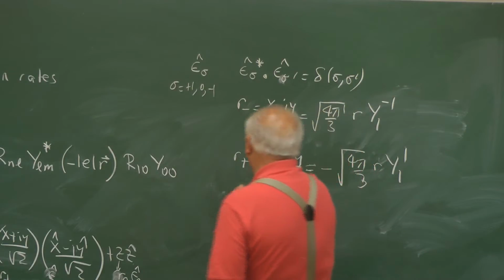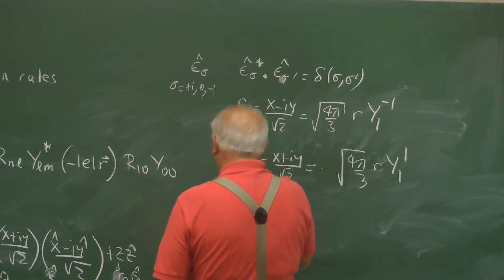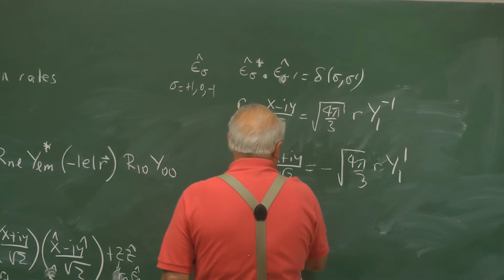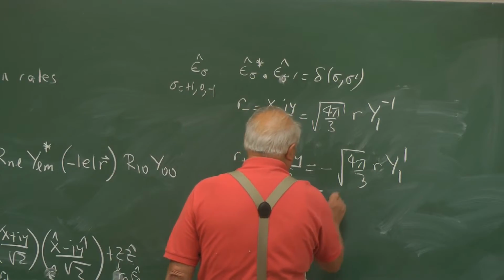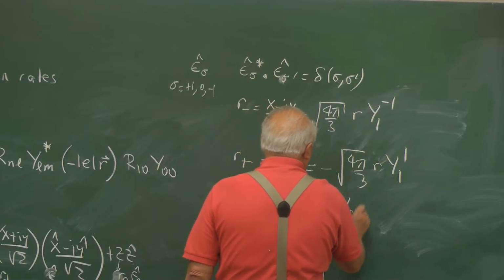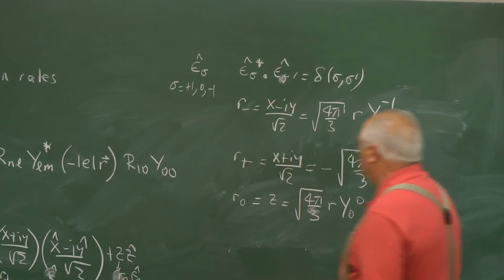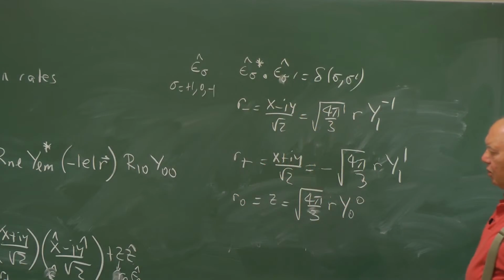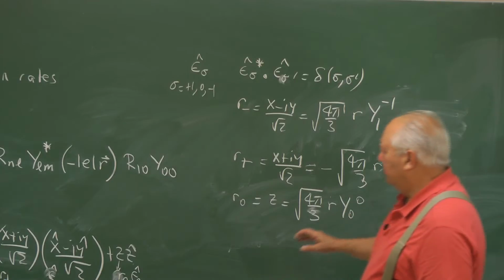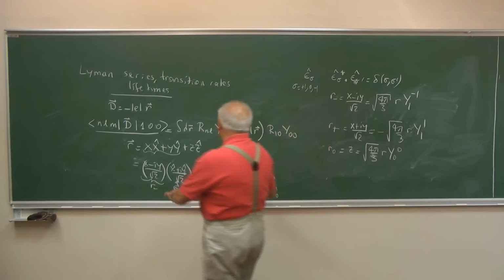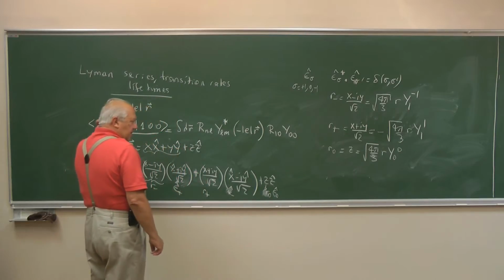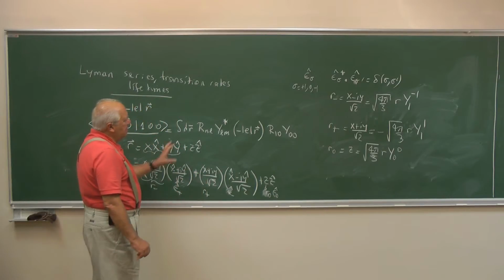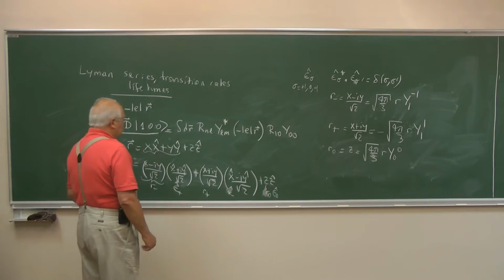And r0, which is just z, is root 4 pi over 3 r y1 0. So if you put this expression into here, we see that there's a radial integral and there's an angular integral.